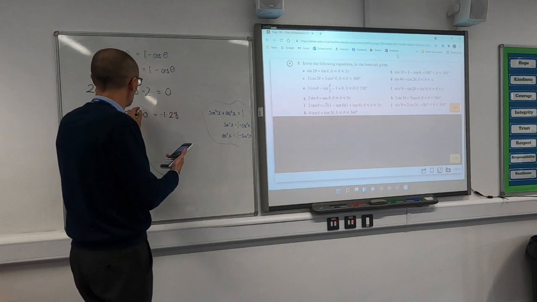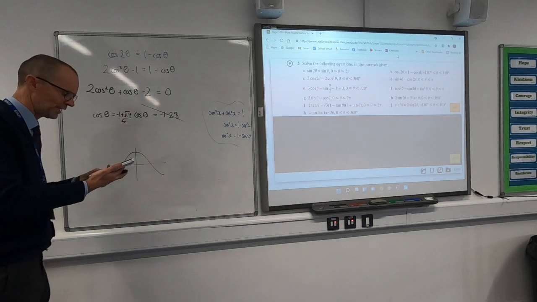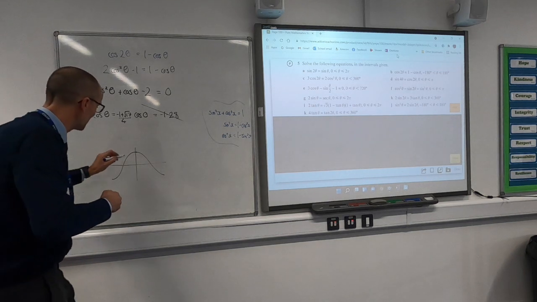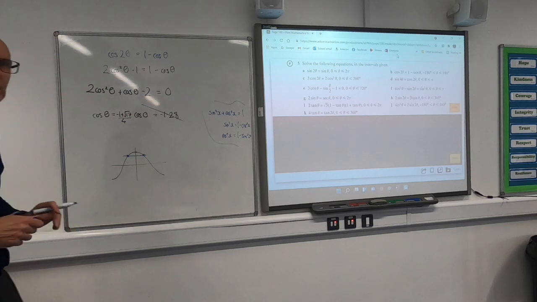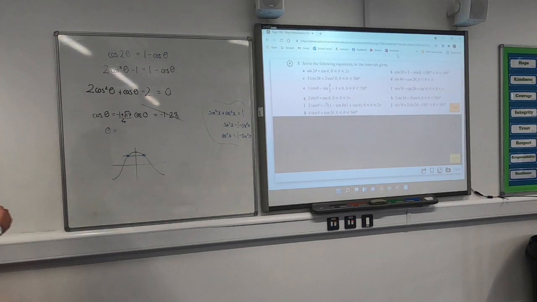I'm hoping you spot that that's not a valid solution. Cos can't be less than -1. So I've only got this solution, which my calculator tells me is about 0.78. So I'm expecting, that's about there, to have one solution and then another solution there. So shift cos of that value, and of course it is a pain, isn't it?